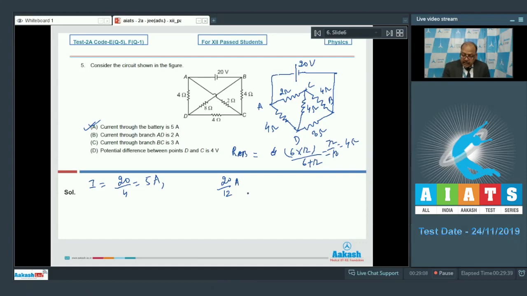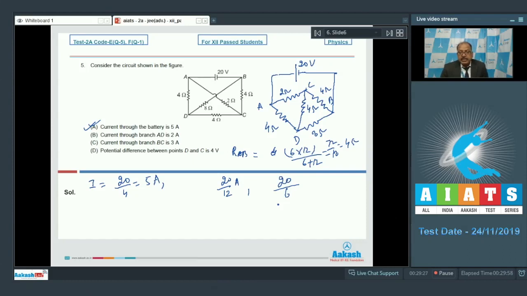Let's look at the current through branch BC now. The current through BC is the same as the current through AC, and that current will be equal to 20 divided by 4 plus 2, that is 6. So C is also not correct.